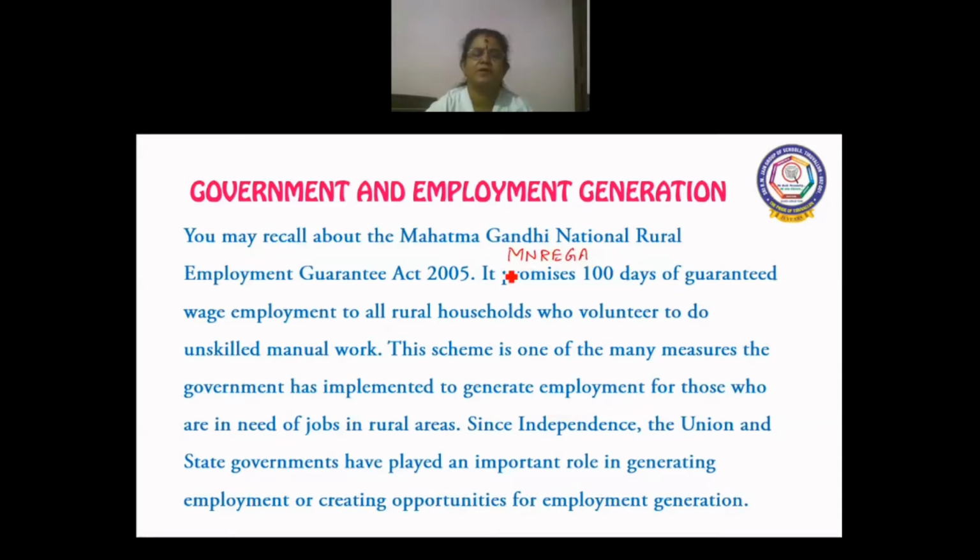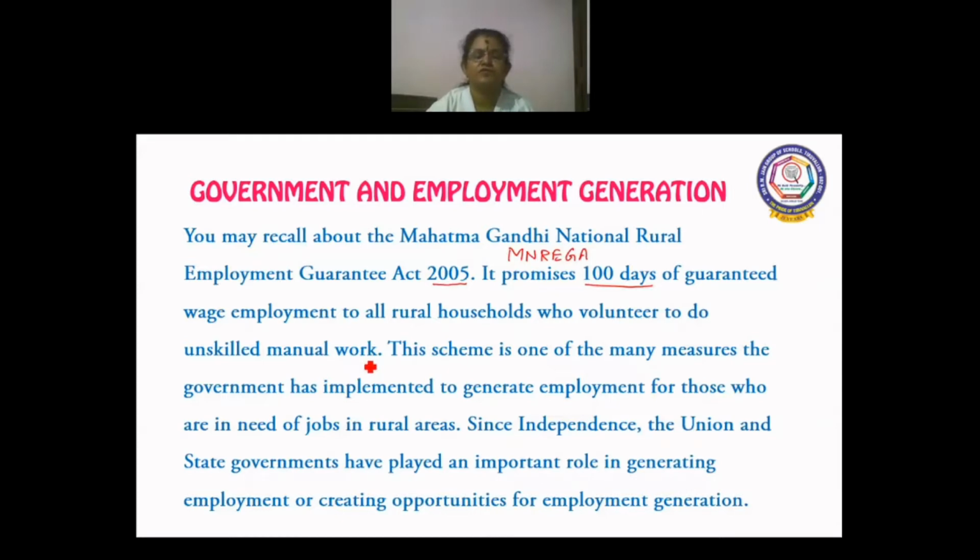It means Mahatma Gandhi National Rural Employment Guarantee Act. This act was passed in 2005. It promises 100 days of guaranteed wage employment to all rural households who volunteer to do unskilled manual work.